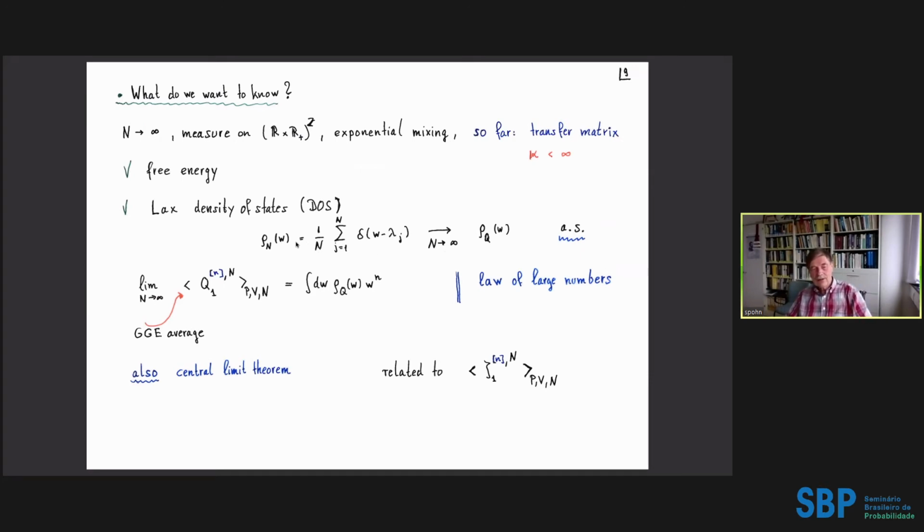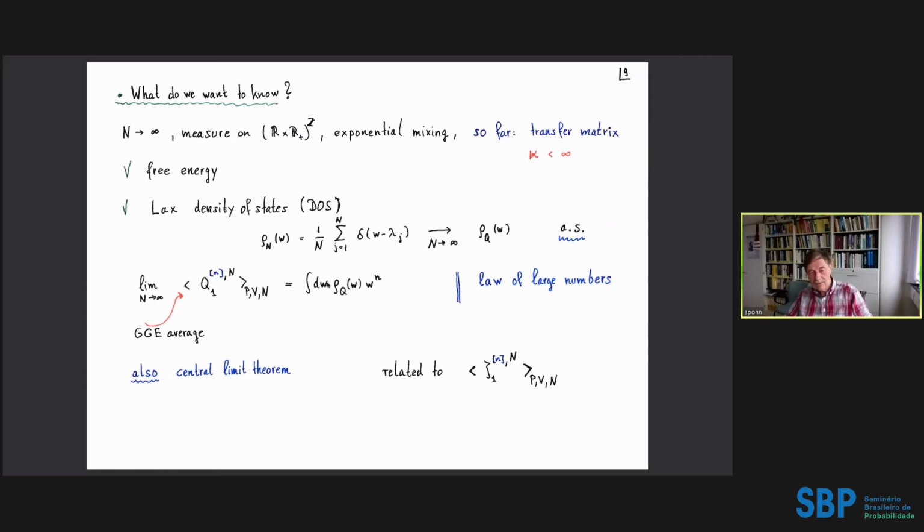Now the assertion is that under this Gibbs measure, this is random because the lambda j are random. But under this generalized Gibbs measure, this will converge to a deterministic limit almost surely. Once I know this, if I just do the translation, this means that this expectation value will converge to the nth moment of this limiting density of states.